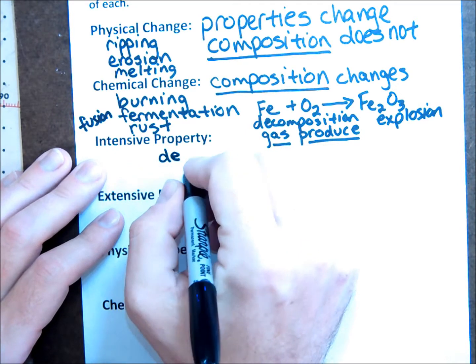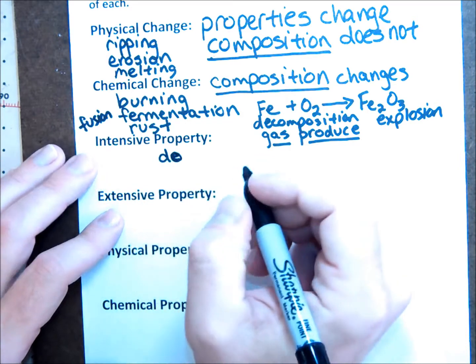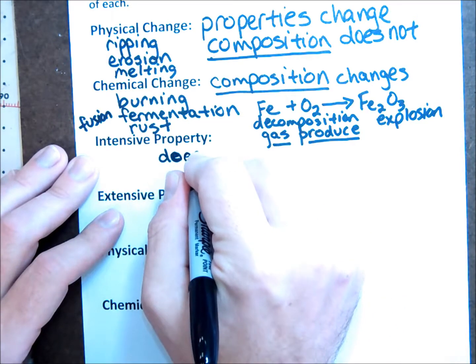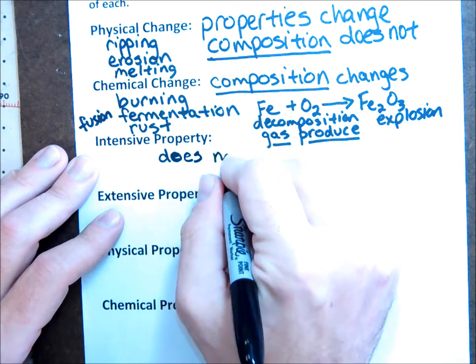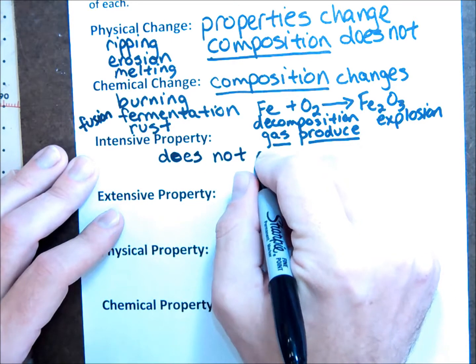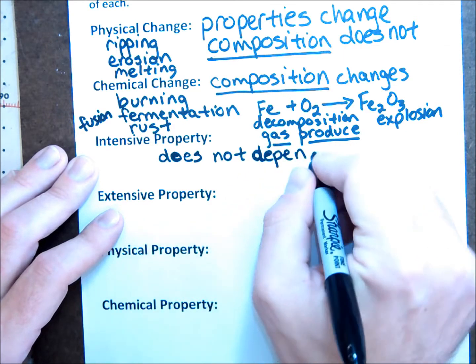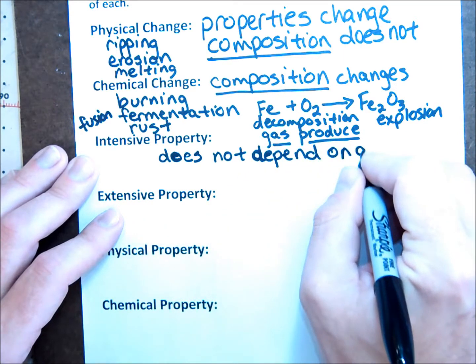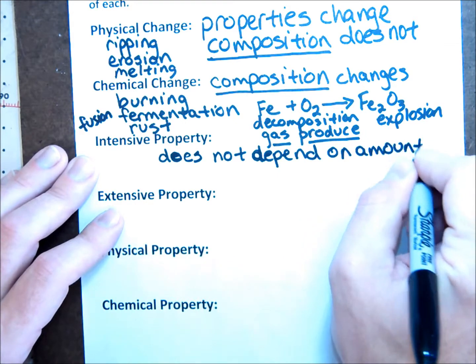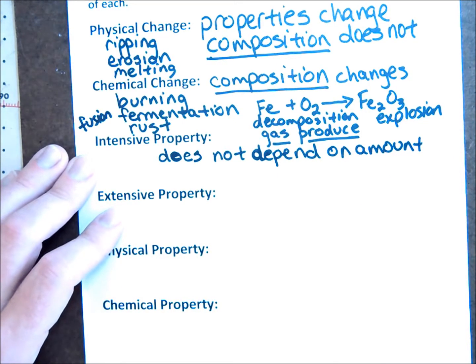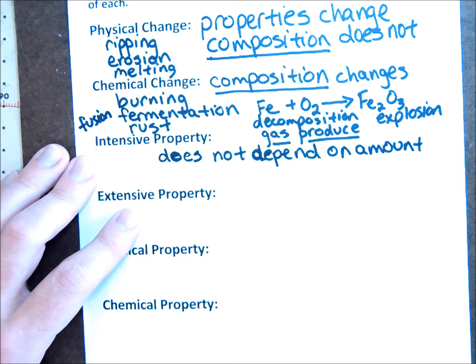Eddie, intensive property definition, please. A property that depends on the amount of matter in a sample. Yeah, go ahead with intensive then. I know what you did. A property that depends on the type of matter in a sample, not the amount of matter. Okay, so what I'm going to focus on is the difference. Does not depend on the amount, because what's different about extensive, Eddie?